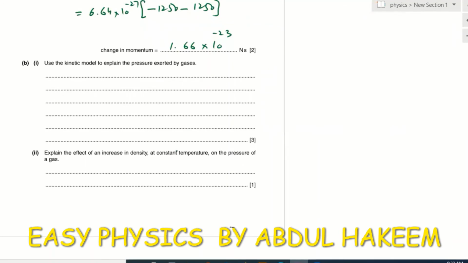In both cases, either by increasing the mass or decreasing the volume, the number of collisions per unit time increases, hence pressure increases.